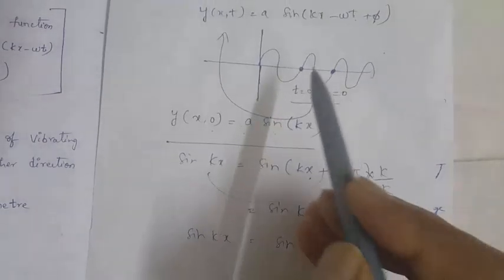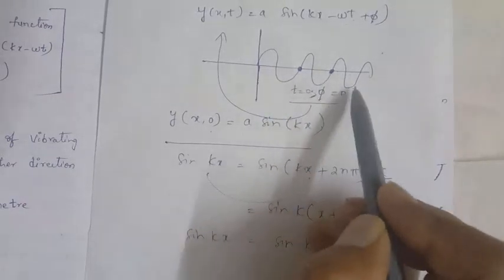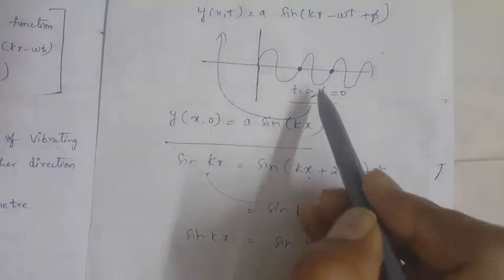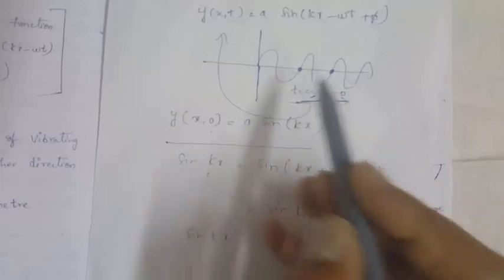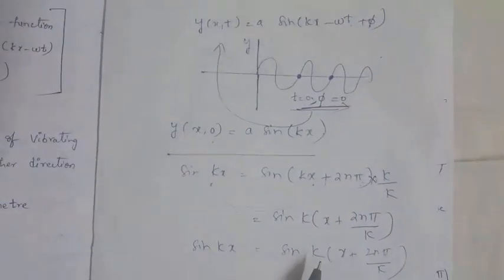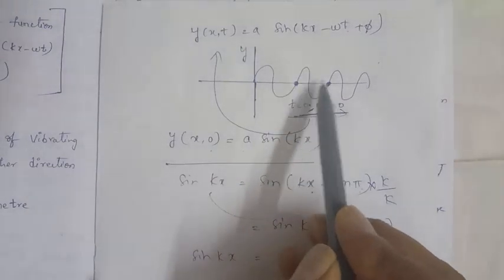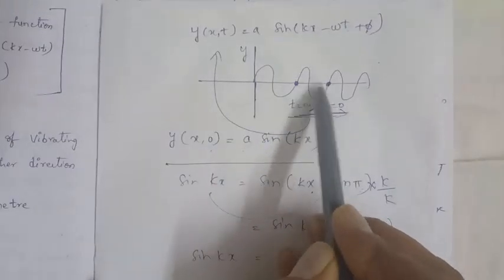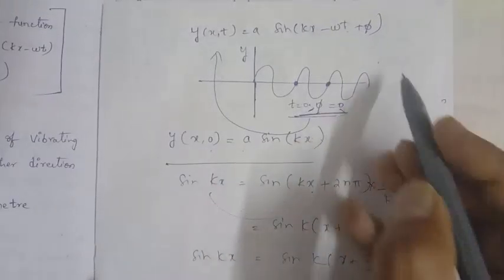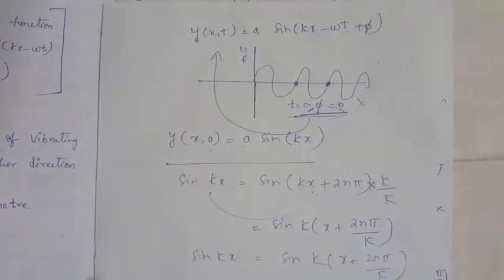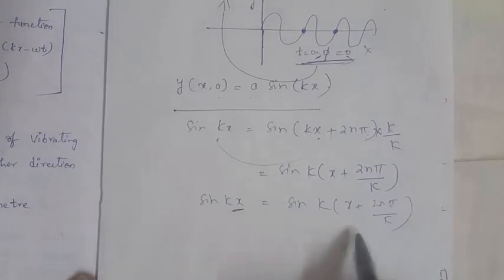From here to here, what is the distance along x? It is the x-axis and it is the y-axis. What is the distance between points of the same phase? Here to here the distance is lambda. One point is at x and the other at x plus 2n pi by k.